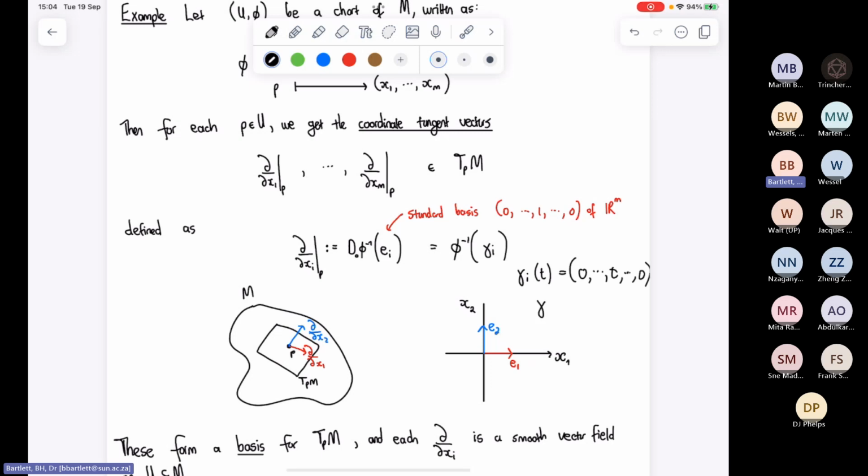And its derivative at 0, well, it's just going to be the vector which is 0 everywhere except in the ith component where it's 1. And that's what we normally write as ei, the ith standard basis vector of R^m. So I can think of these coordinate vectors in two ways. I can either think of it as the equivalence class of this particular curve in M, but by definition, that's the same thing as taking the derivative of the inverse chart map and applying it to these standard vectors in R^m. Okay, so that's why I wrote it down the way I did.